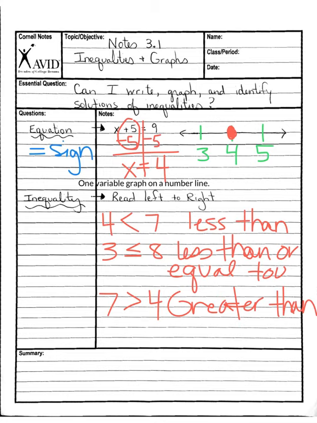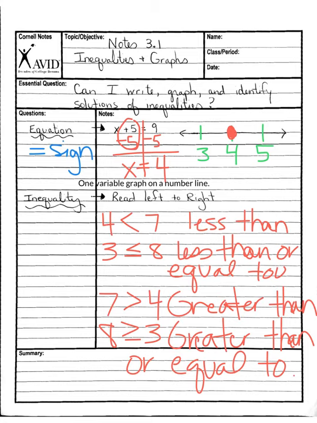And then if I switch the other one, because the 8 comes first, we look at the way that the symbol is facing, this would be the greater than or equal to. So those are our 4 symbols that we can look at.